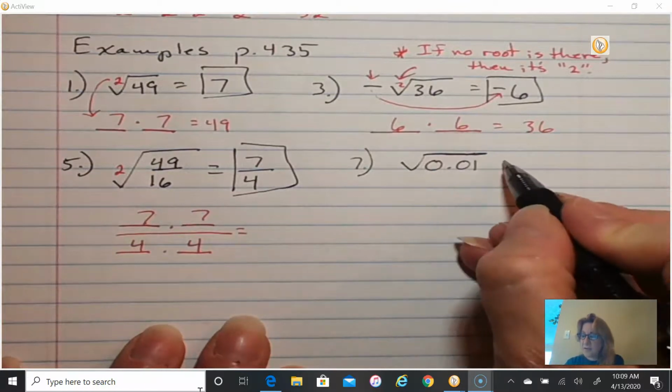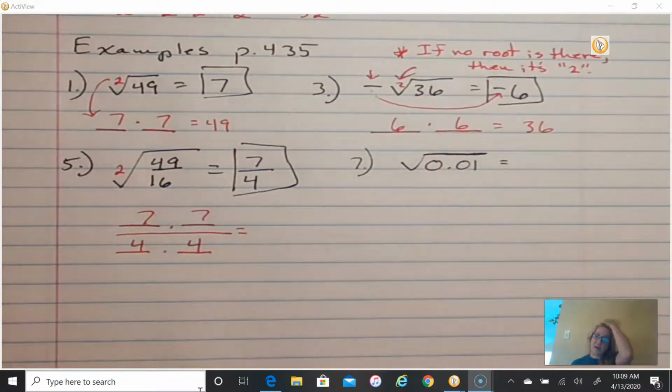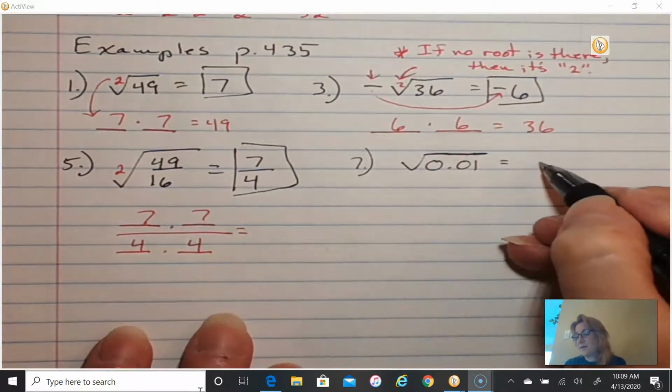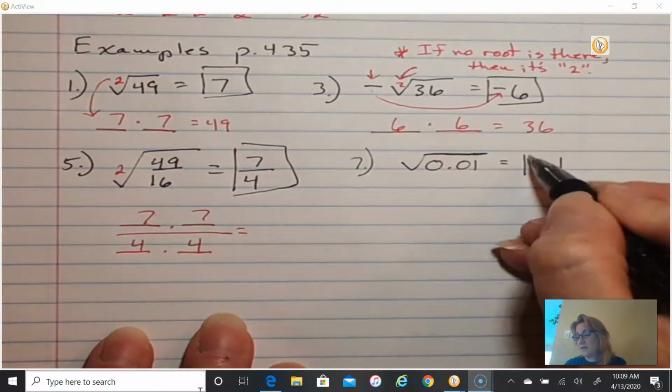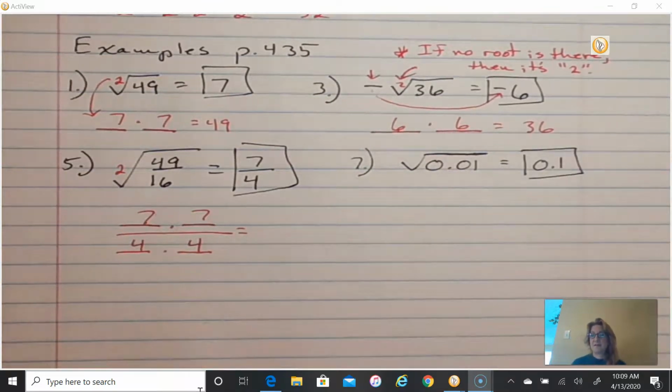So you can play around with your calculators or whatever and figure out what times itself is going to give you 0.01. And yeah, you're going to have decimals and stuff. This is Algebra 1. It's tough. All right, it is 0.1. And if you don't believe me, go ahead and multiply it out.